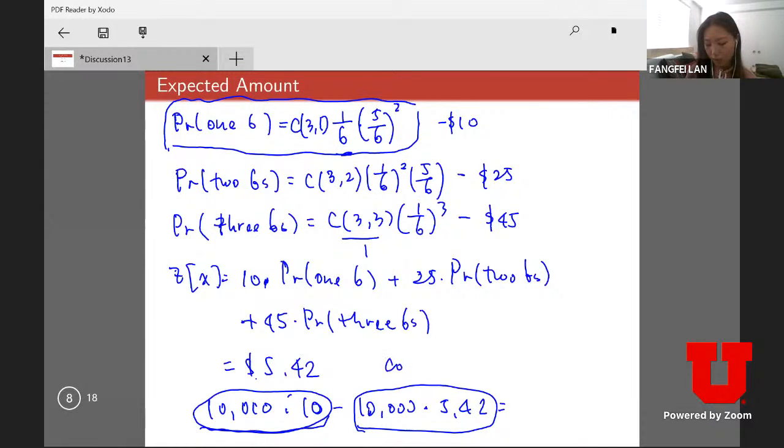So this is player to casino, and this is casino to player. So we get $45,800 a day. That's a lot of money. Any questions about this? Does this make sense?